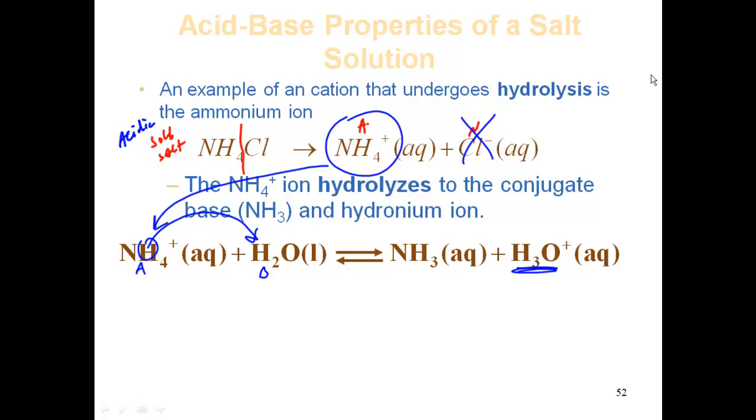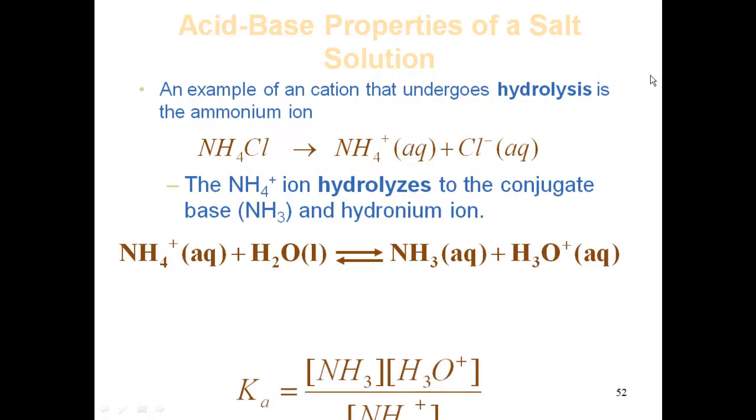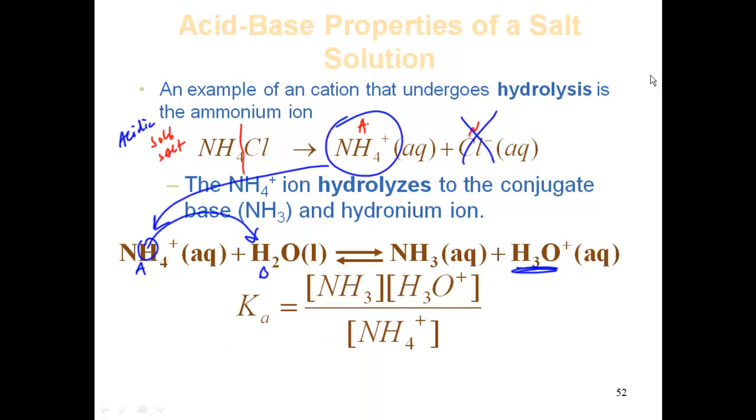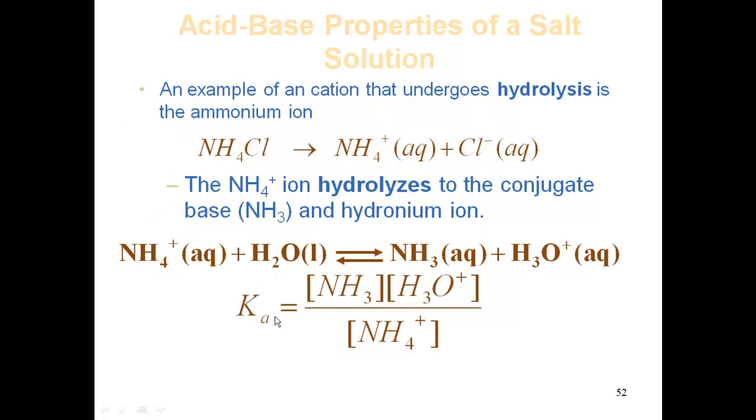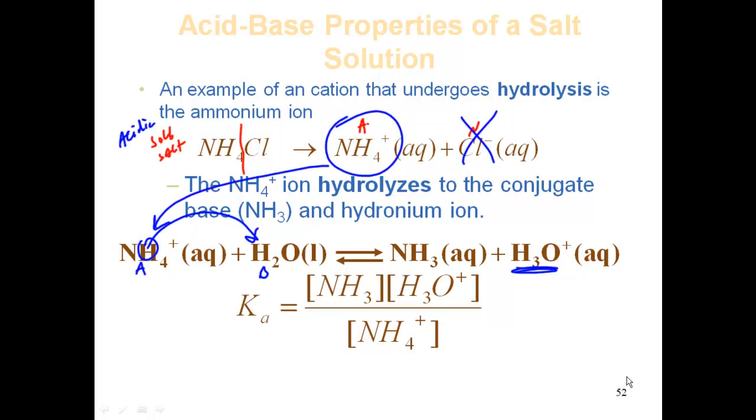Since this is an equilibrium, I can set up products over reactants. So I have my ammonia times my hydronium ion divided by my ammonium ion. And since this is an acid hydrolysis, this is going to be a Ka, an ionization constant. Talking about a base, it should be Kb.